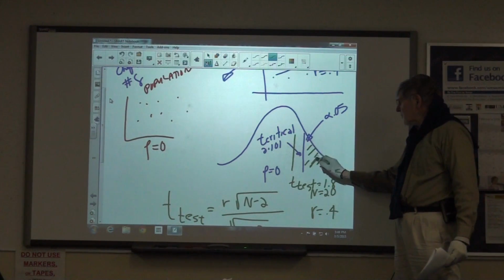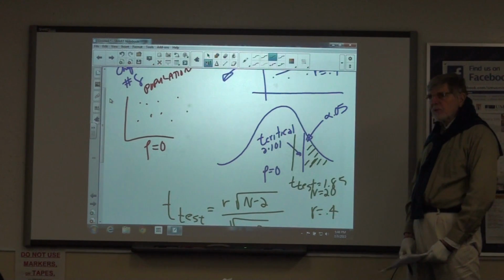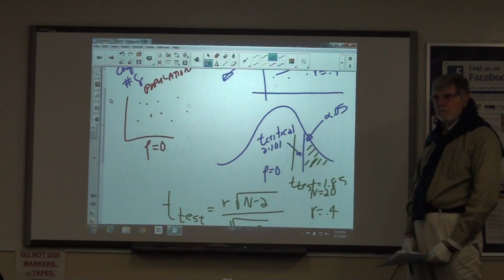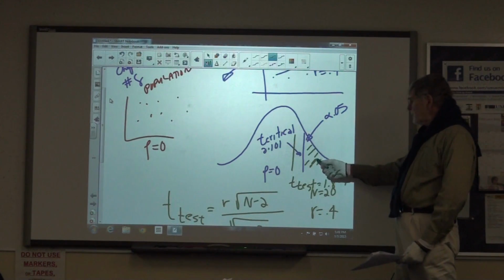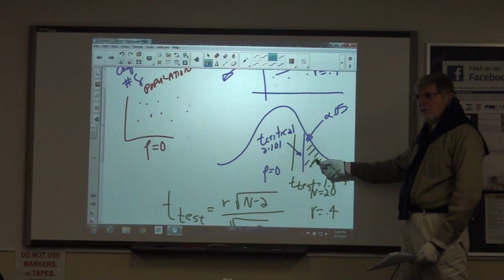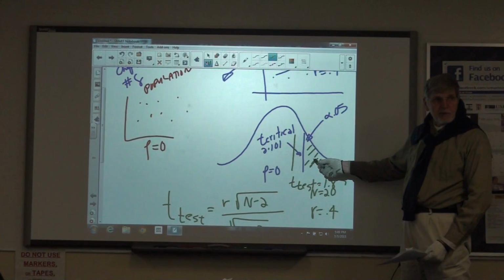So we came out in the fail to reject zone. So we are failing to reject the null hypothesis, agreed? In other words, if it is in the reject zone, then it's held to be a significant test. A significant test is one in which you reject the null hypothesis.